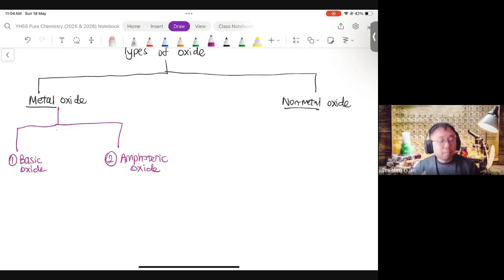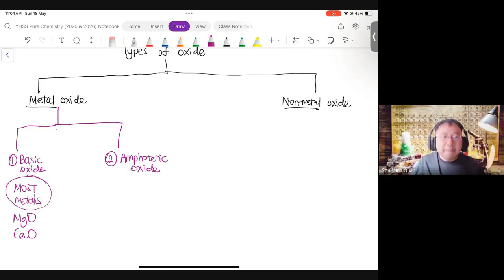Okay, so most metals will be here, basic oxide. So magnesium oxide, calcium oxide, these are basic oxides. Basic oxide means what? It's a base. Basic oxide means it's a base. That means they react with acid.